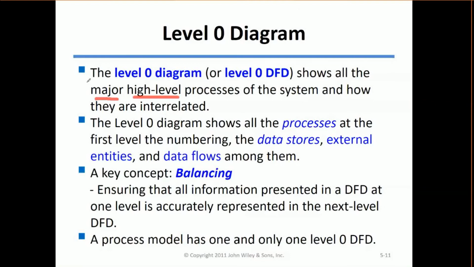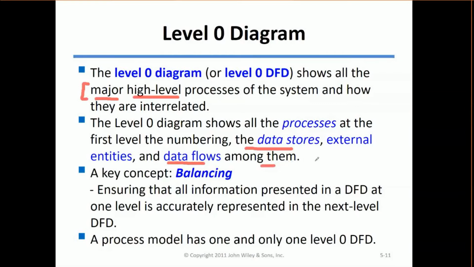So again we are not going into too much detail, we are just going one level deeper, with the major high level processes. Okay, and the level 0 diagram shows all the processes at the first level, the data storage, external entities, and data flow among them.